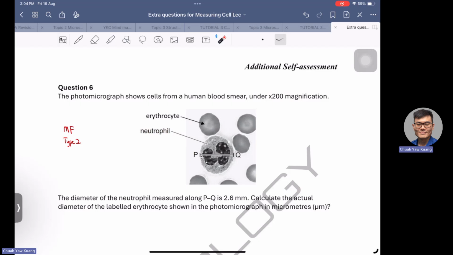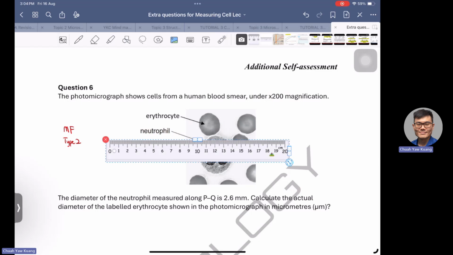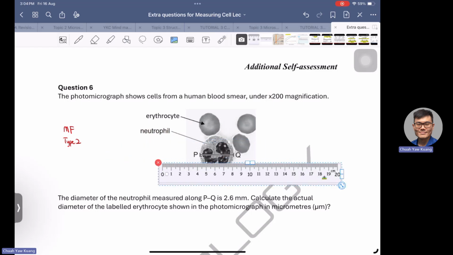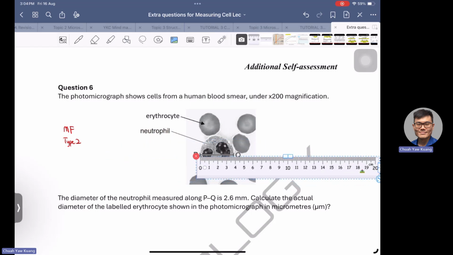So first thing first, we should apply the magnification formula. But before that, you can see that there is a measurement given for this P to Q. Yeah, it's 2.6 mm. So again, we should use our ruler to measure whether it is exactly 2.6 mm or not.